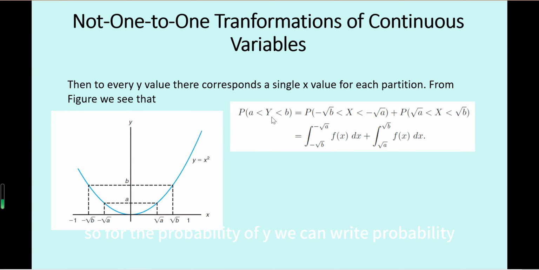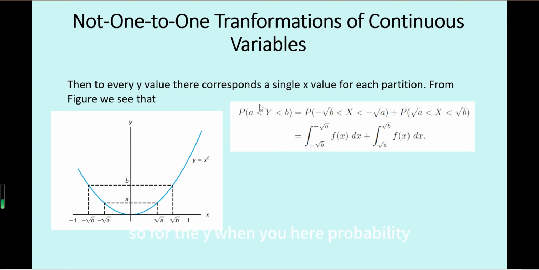So for the probability of y, we can write the probability of y between a and b. We have to write two x probabilities, because for y between 0 and 1, for example, there are two x ranges, and these two x ranges have different inverse functions, which means different probabilities. We have to add them here.